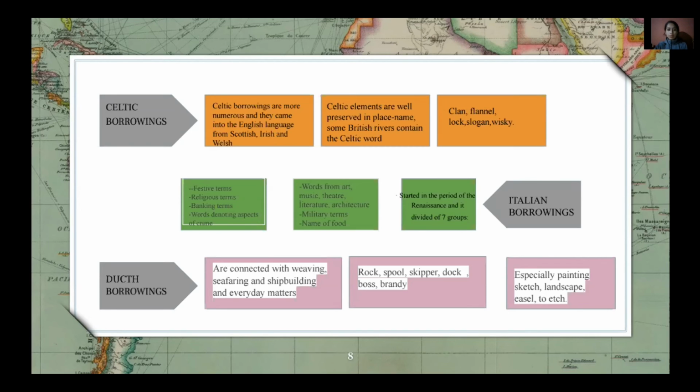Next, we have Dutch borrowings. Dutch borrowings are connected with cloth-making, like to gloss, spool, and stripe. Safari and shipbuilding, so like deck, Dutch, skipper, and dock. And especially painting, like landscape, easel, and to etch, and everyday matters.